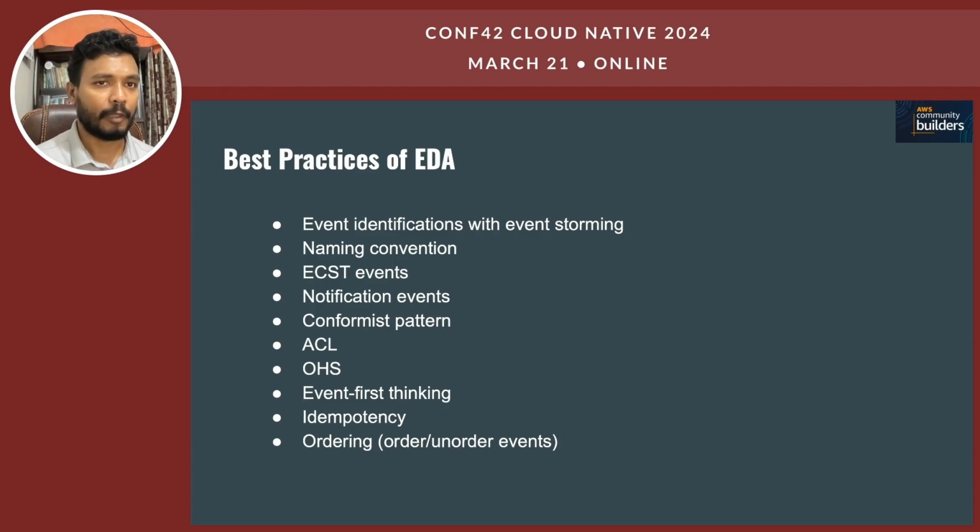Final best practice: ordered and unordered events. Not all events need to arrive in a specific sequence, however, some scenarios require a guaranteed order for events to be processed correctly. Understanding this distinction is vital for designing your EDA effectively. For example, a scenario where an order updated event must be processed only after the corresponding order created event arrives, right?